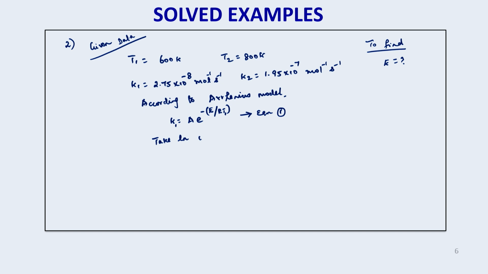Take ln on both sides. Therefore, equation 1 becomes ln of K1 on the left hand side, and on the right hand side ln of A into e power minus E by R into T1.